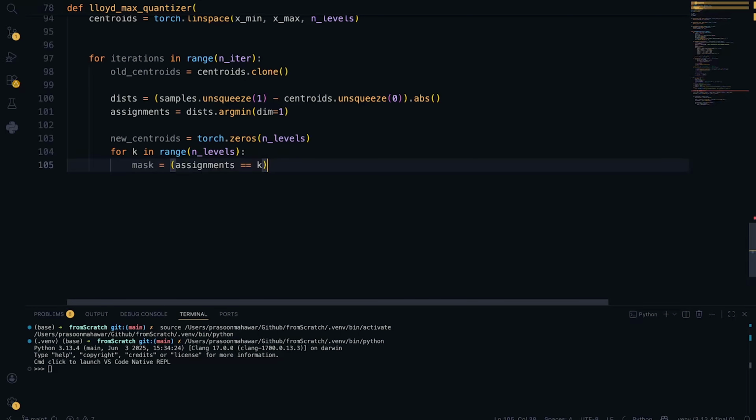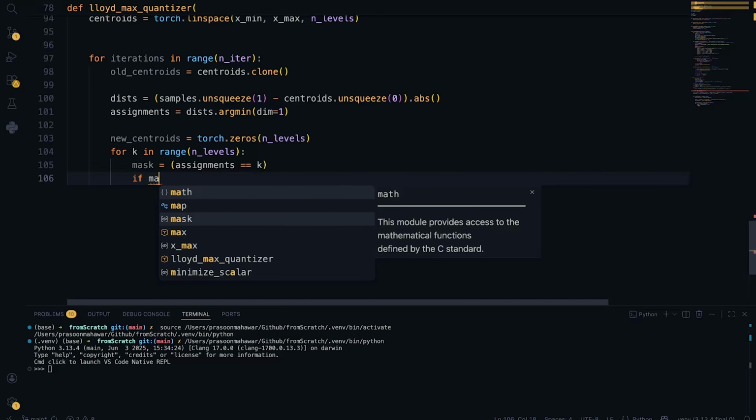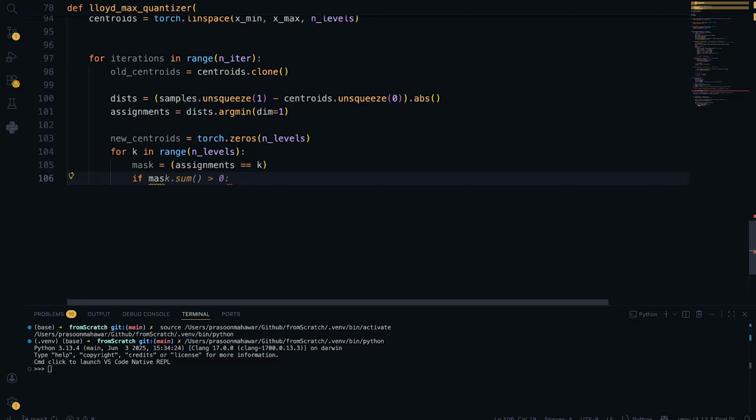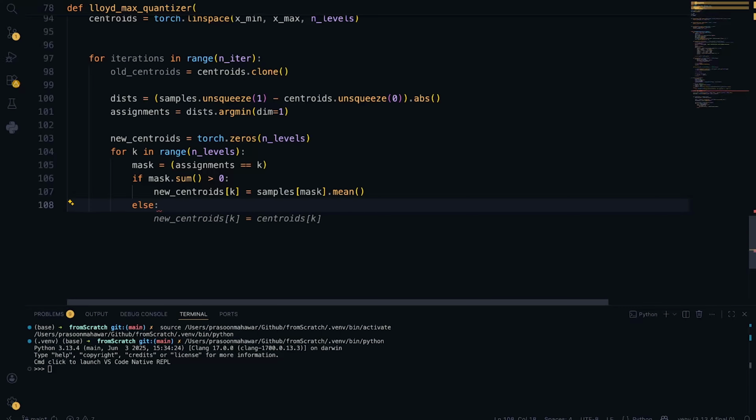Only then if mask dot sum is greater than 0, then the new centroid will be updated to samples mask k, the mean of that. And else we have new centroid k as the original centroid k, like keep unchanged if empty. And centroids will be updated to new centroids.